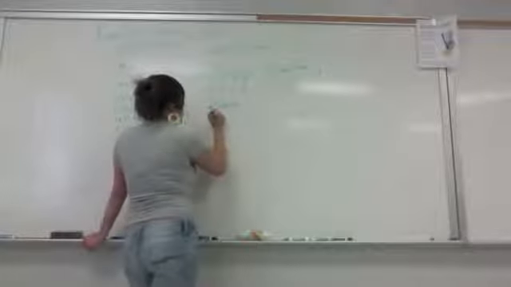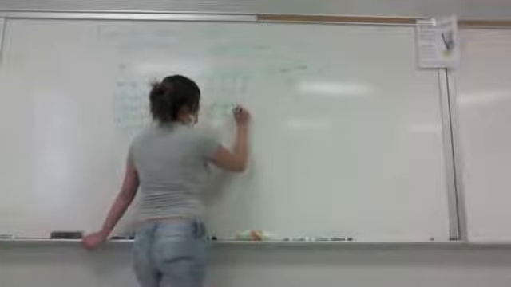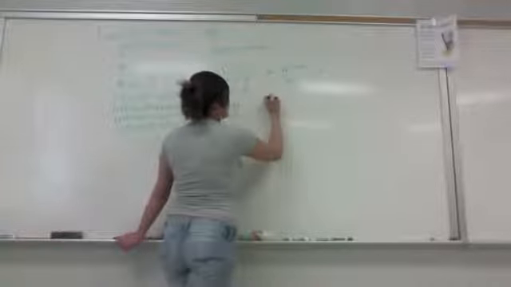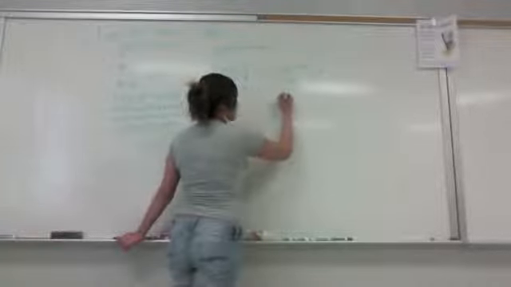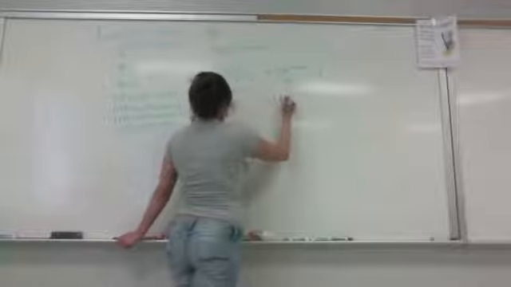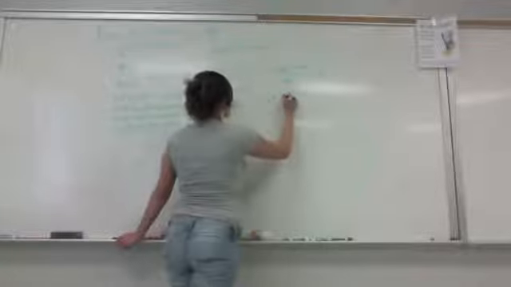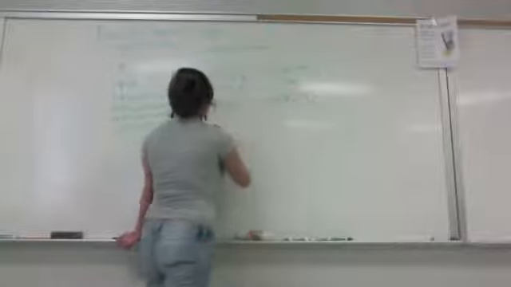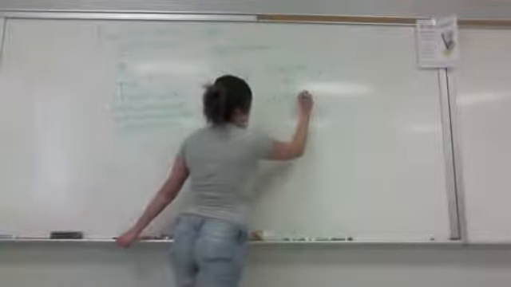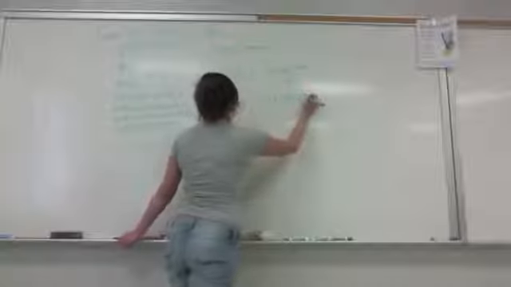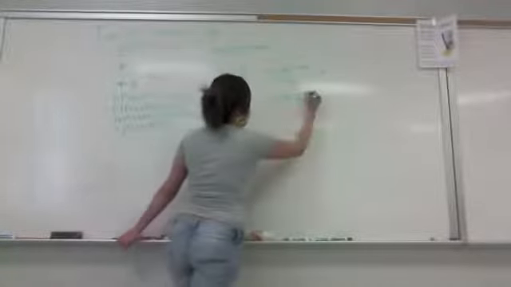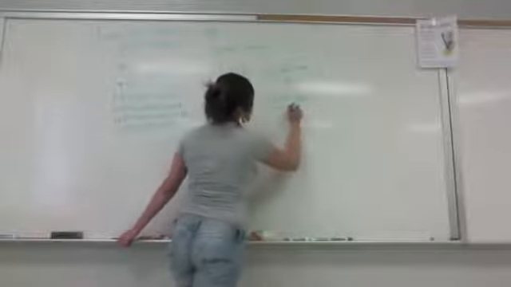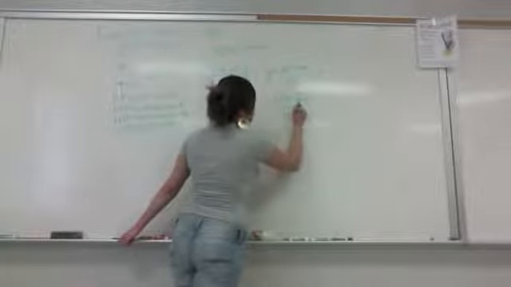So this is a, this is b, and this is c. b is going to be negative 1, plus or minus the square root of negative 1 squared minus 4. Then we're going to bring our a over here, which is 1, times our c, which is another 1, divided by 2 times a, which is 1.